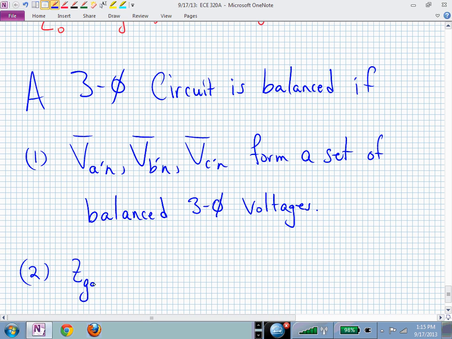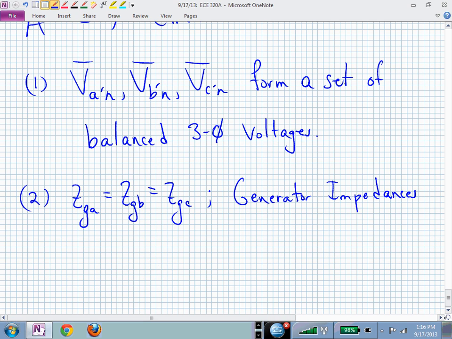So that's one property. The second property is we need all of the generator impedances to be equal, which in our diagram, that's Z sub GA, Z sub GC, and Z sub GB are equal. And we can sort of carry this process further.